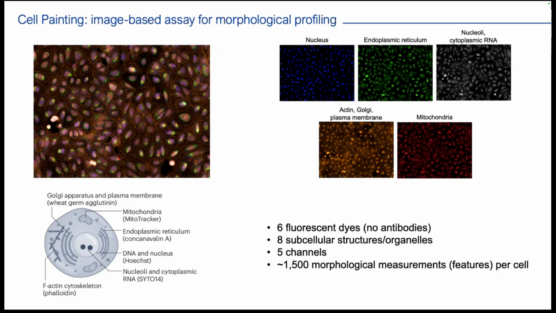Sorry, can I ask just, because for one cell you have 1,500 morphological measurements. Is this to do with subcellular distribution of the organelles and their relative positioning to one another and that kind of thing? Yeah, you can go in different degrees of complexity, right? You can imagine that we cannot rationalize 1,500 parameters for a single cell, right?